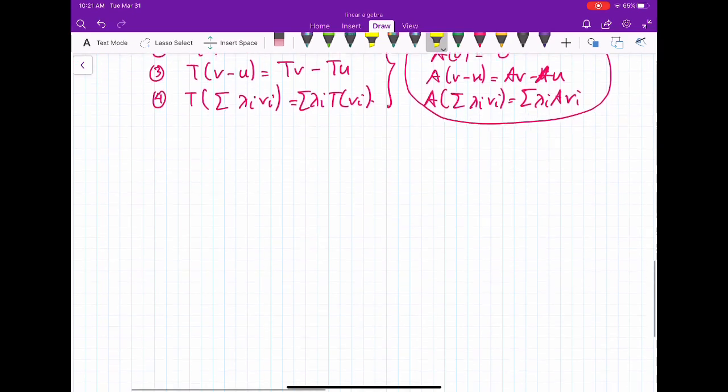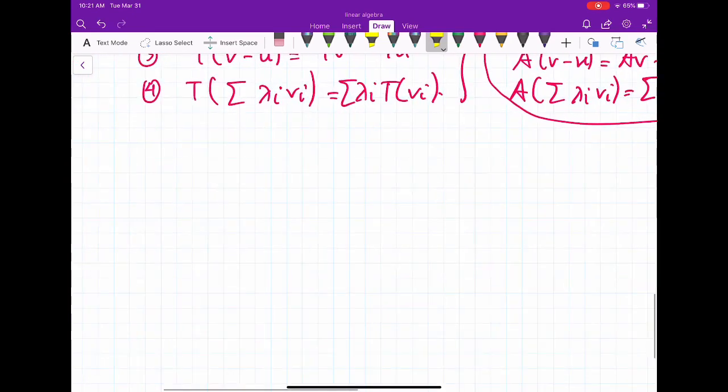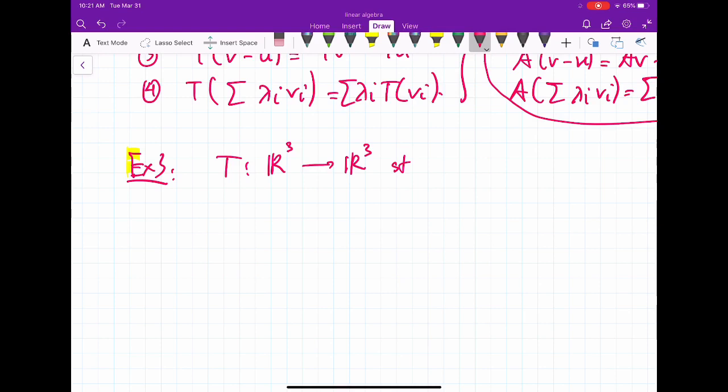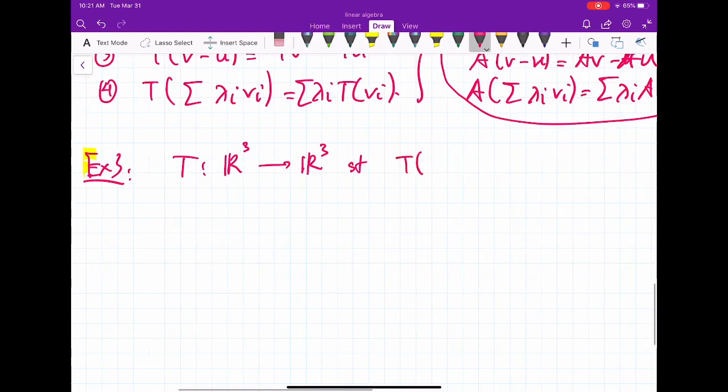So let's solve such a problem. Example. We have T a linear transformation from R3 to R3 such that T of 1, 0, 0 is 2, negative 1, and 4.